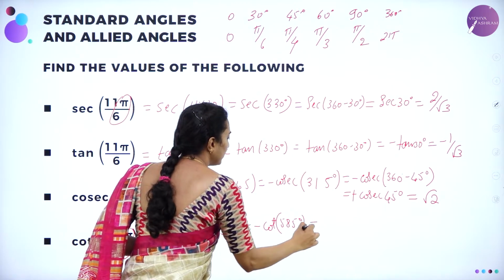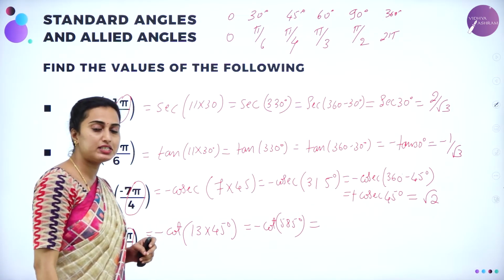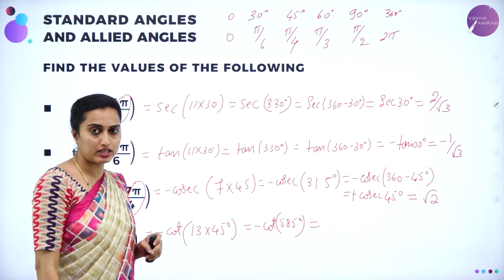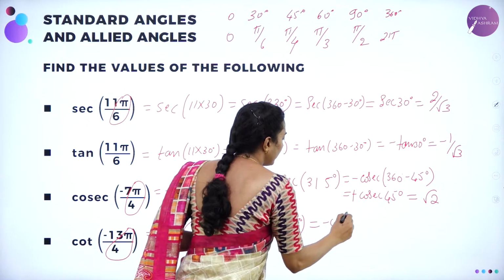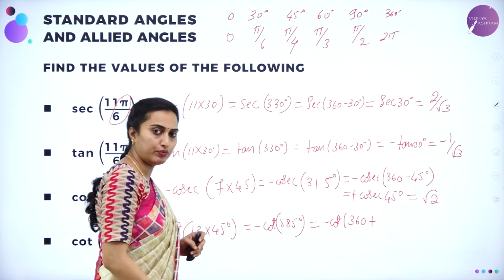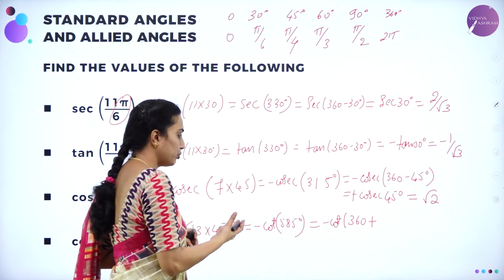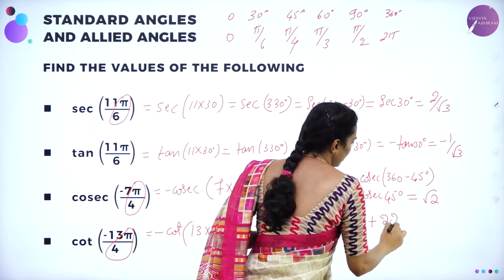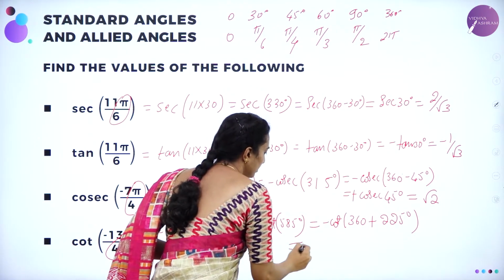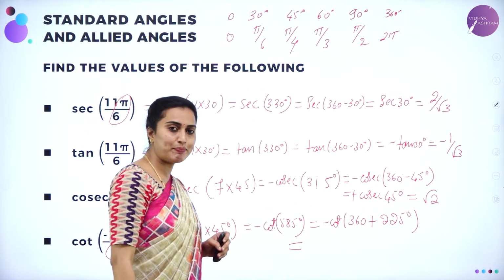Now 585 is greater than 360 but lesser than 720. Therefore, you can write it as minus cot of 360 plus... how much do you have to add to become 585? 225. So 225 degree.